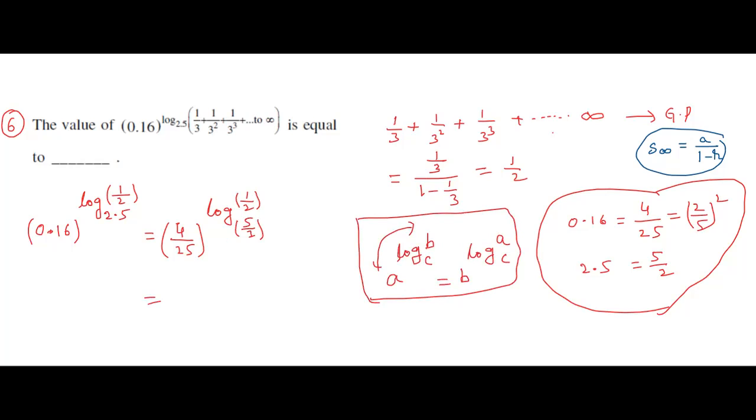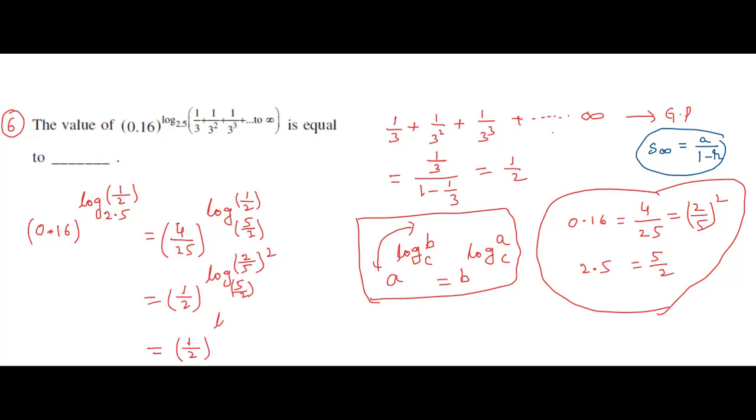Students, see 1 by 2 is coming here, power logarithm 4 by 25 is going there. 4 by 25 means 2 by 5 whole square. But base 5 by 2 is there. So 2 by 5 converts into 5 by 2.